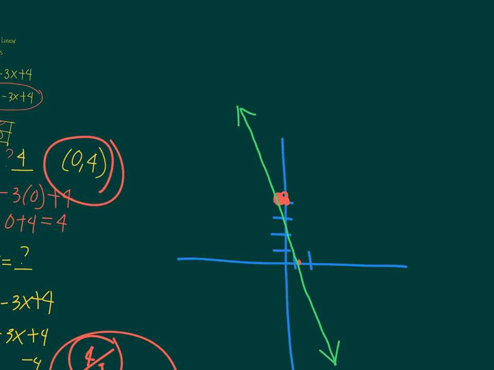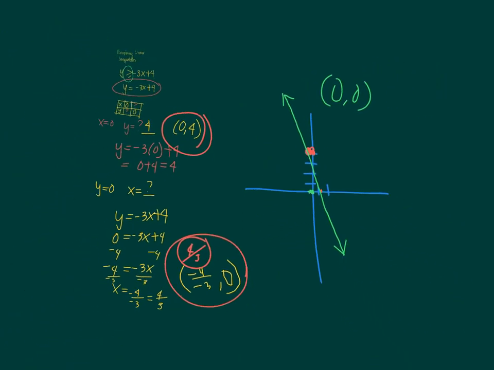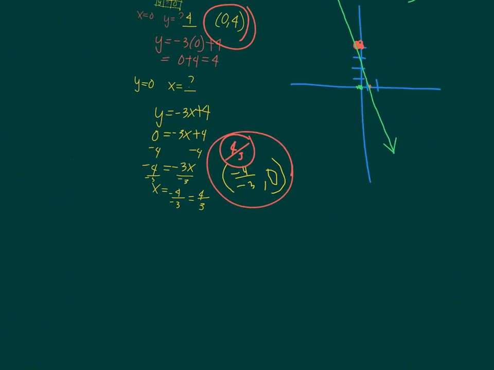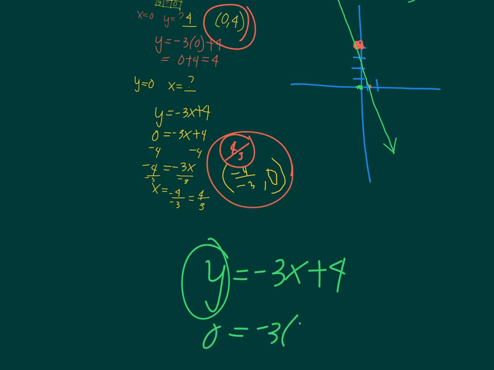You use what we call a test point. A good test point is 0, 0, the origin. You use the 0 on the equation. So y is equal to negative 3x plus 4, change to 0, and then plus 4.